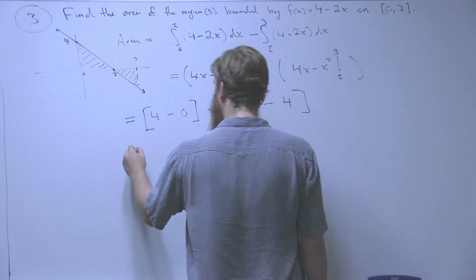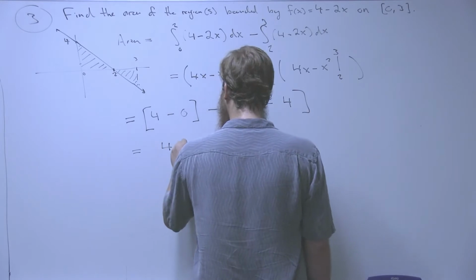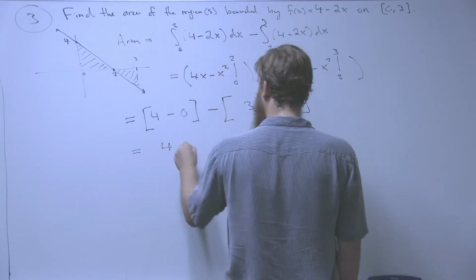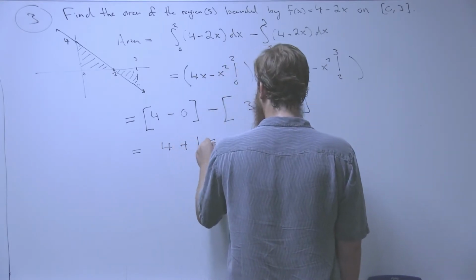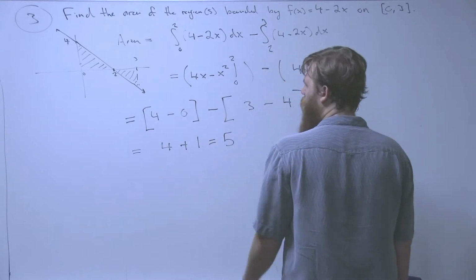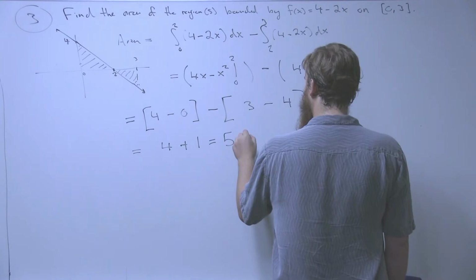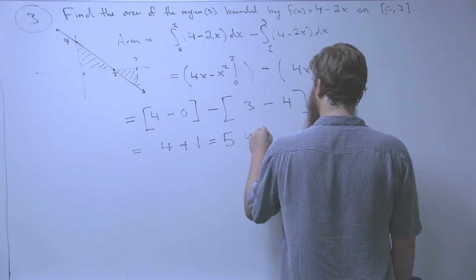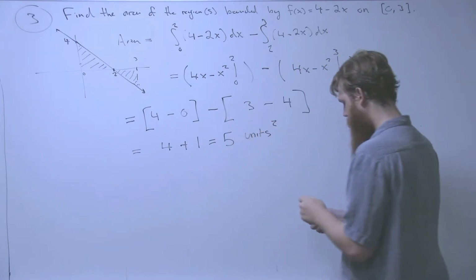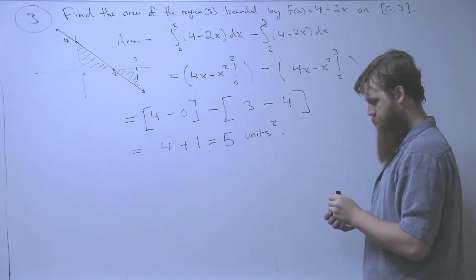And now we just need to simplify. 4 minus 0 is, of course, 4. Minus 3 minus 4 is negative 1, so this is 4 plus 1 equals 5 square units. Units squared. She asked for units, so. And that's it.